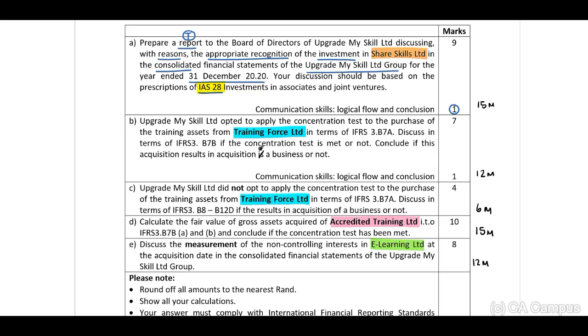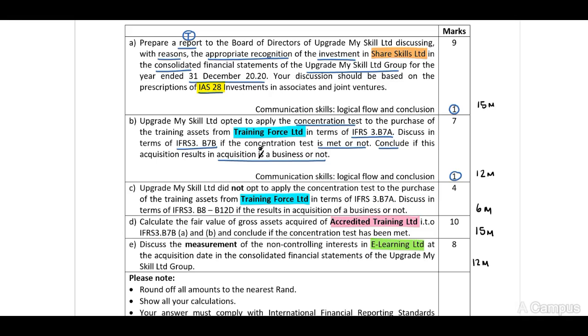B, Upgrade My Skill Limited opted to apply the concentration test to purchase of the training assets from Training Force Limited in terms of IFRS 3.B7A. Discuss in terms of IFRS 3.B7B if the concentration test is met or not. Conclude if this acquisition results in acquisition of a business or not. 7 marks, 1 mark, easy, not free communication skills.